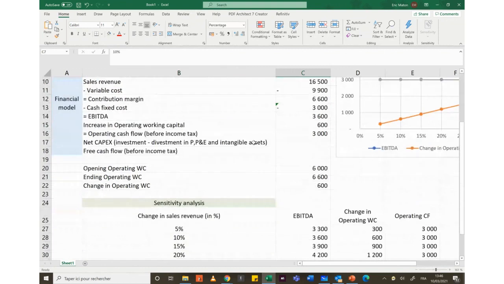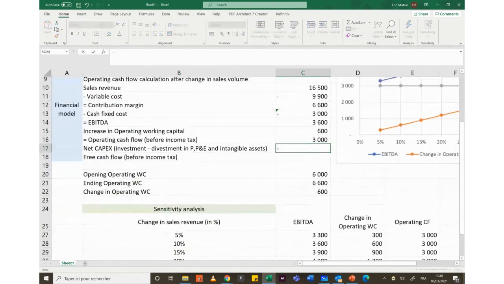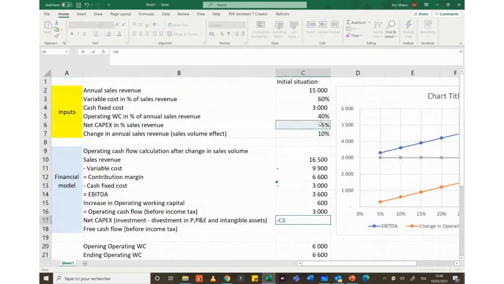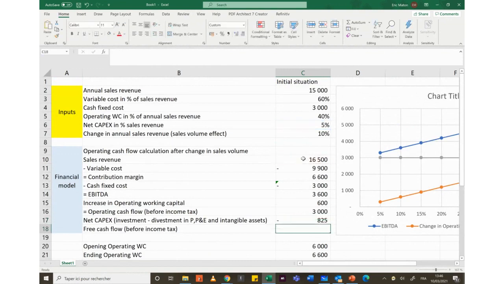Now you will deduct the 5% of the sales revenue. So now the free cash flow is the sum of the two.